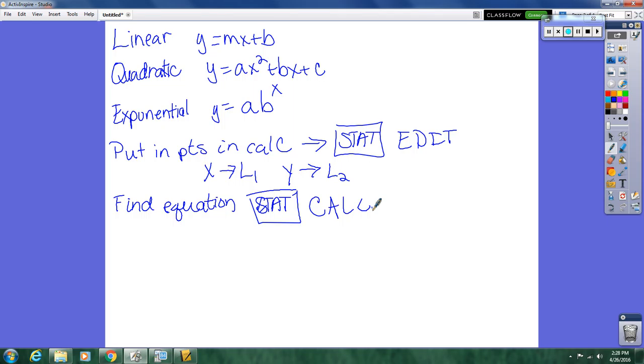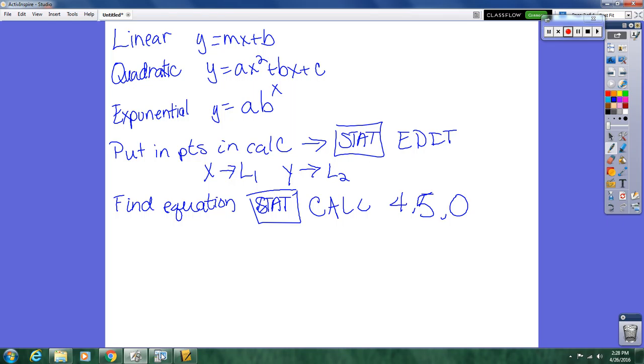And now, we're going to have 3 different ones, because we're going to do the linear, the quadratic, or the exponential. We might have to do all 3. And it's really disappointing to watch some of you do nothing that you should be doing. So you're either going to hit 4, 5, or 0. Very disappointing, actually. 4, 5, or 0.